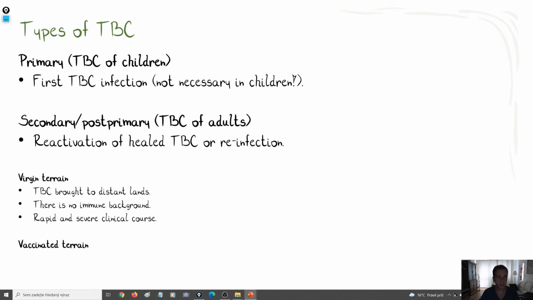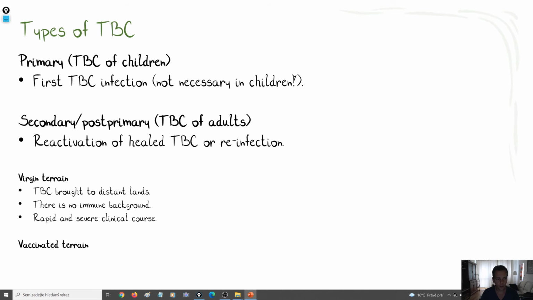Then there is secondary or post-primary TBC infection, which means reactivation of healed TBC, or not exactly healed, but latent, dormant TBC, or reinfection, so another infection. Again, it used to be called TBC of adults because it usually developed in adult age, but again, it is not the rule.